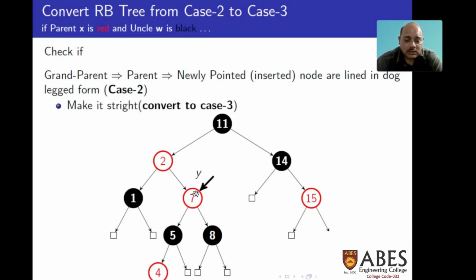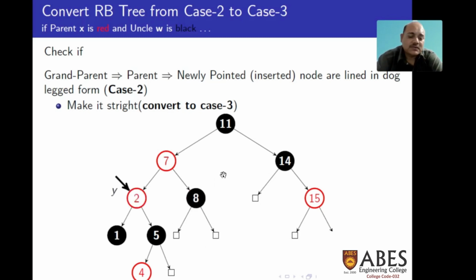Again, two steps. In the very first step, we shift the pointer to 2 and then left rotate 2 with respect to 7. What it will do is make 7 the parent and 2 the left child of 7. So this will be the picture. 11 is in its own position, 7 is now the parent, and 2 is now the child, the newly pointed node.